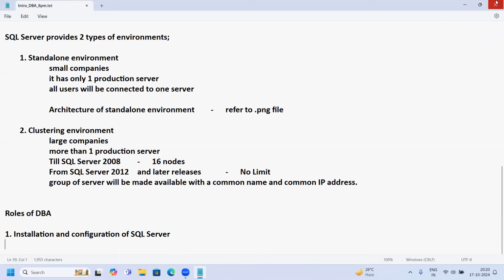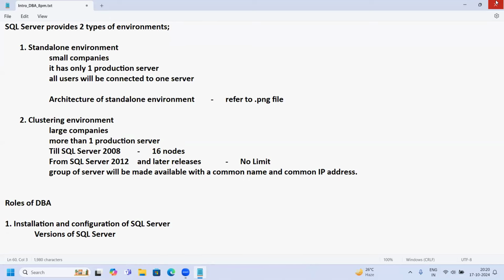This includes versions of SQL Server, because we are the ones who make decisions now. For the project that a company gets, what will be the suitable version for that particular project? You alone will make these decisions.